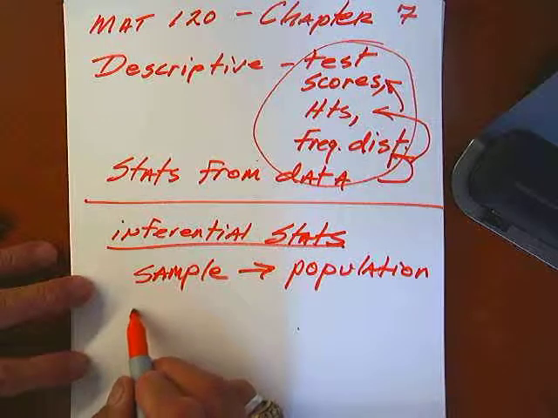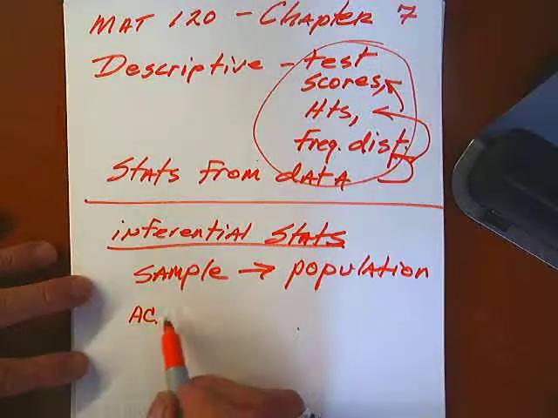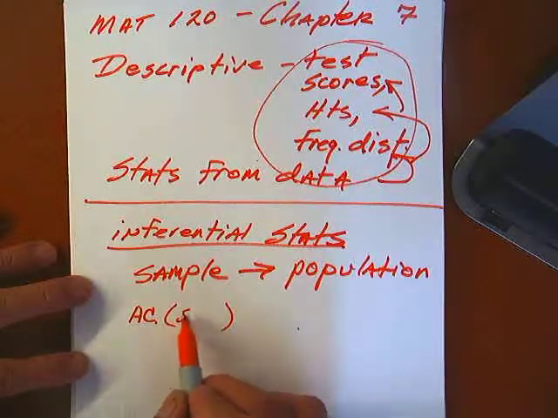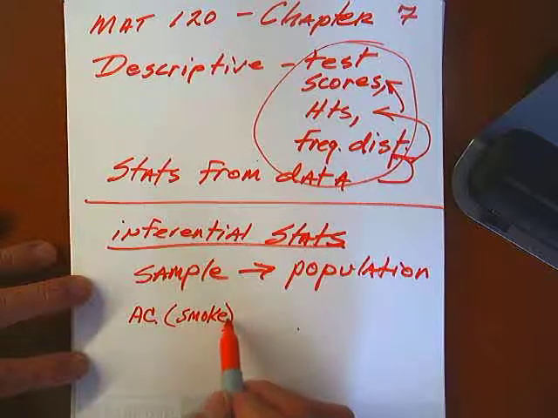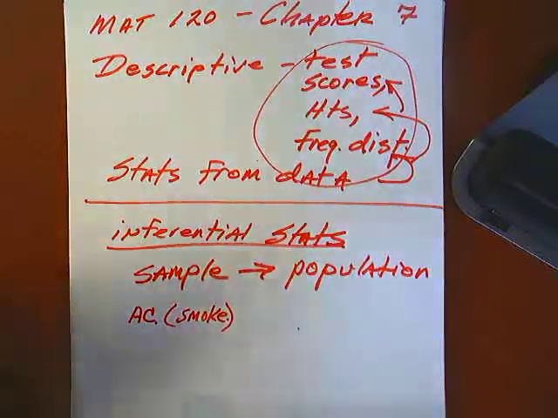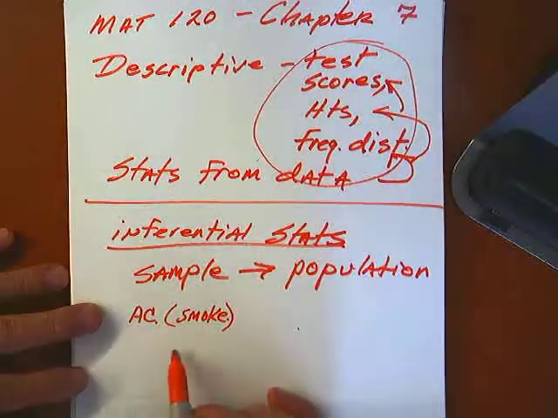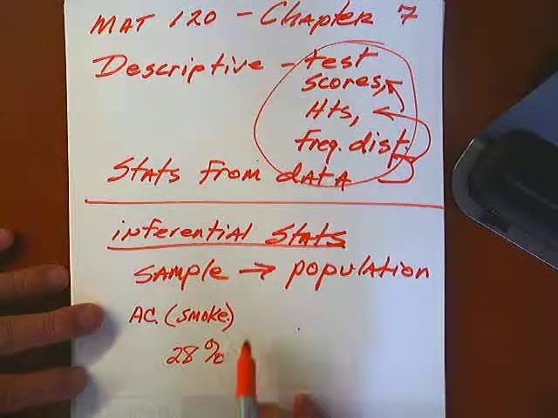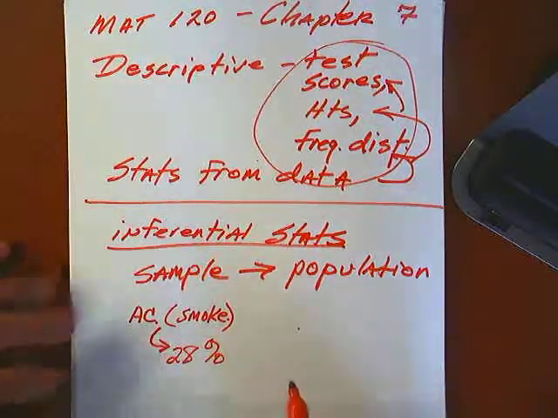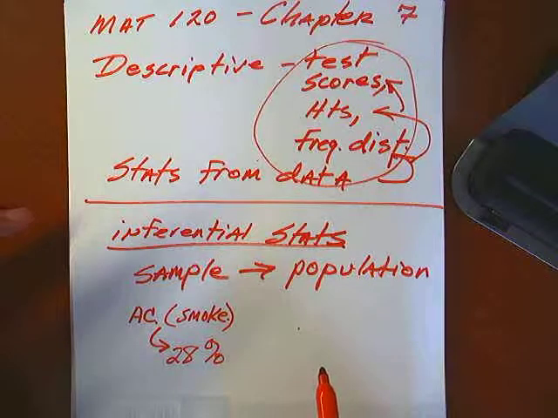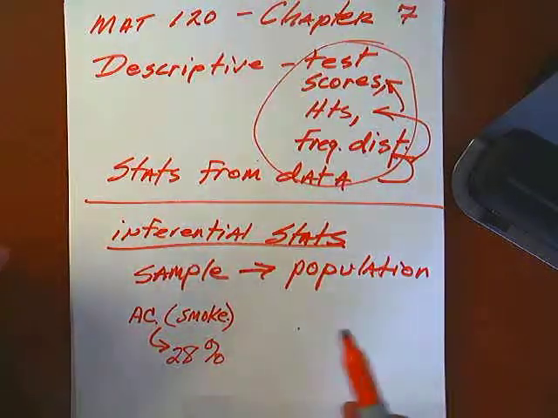For instance, we take a sample at the Anderson campus about smokers, student smokers, and we find out that, and I'm just making this up, 28% of students at the Anderson campus are smokers.